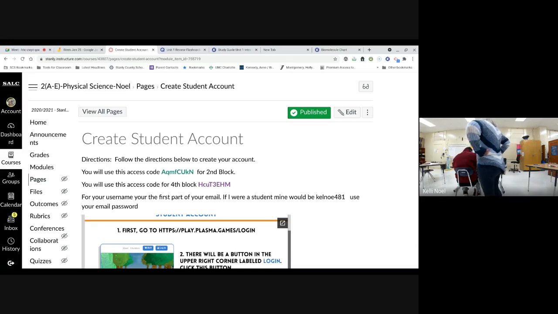It has to match, believe me, I've gone through this. Type in TES. Oh, that's a 6. Yeah, that's why I don't like these. Then you'll click on create student account. Now, you can just click save for the password if you want.